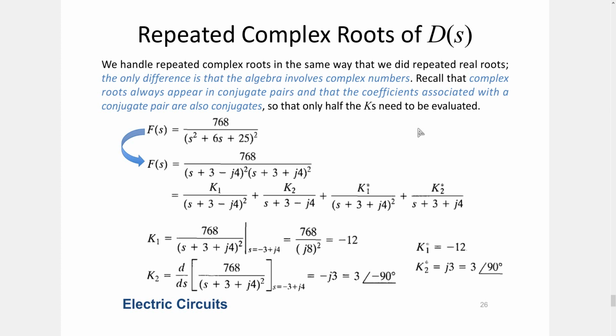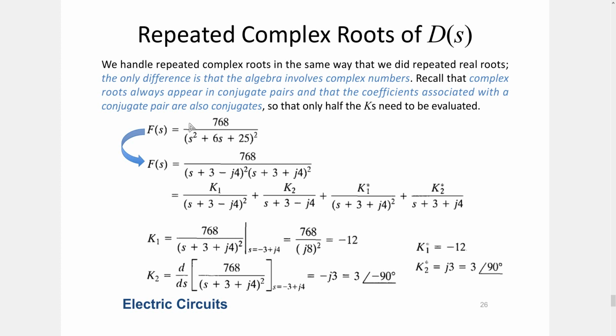So half of the coefficients need to be evaluated in this particular case. For instance, if we have a function like F(s) equals 768 divided by (s squared plus 6s plus 25) to the power of 2, we can simply write it as 768 divided by (s plus 3 minus j4) squared multiplied with (s plus 3 plus j4) squared.